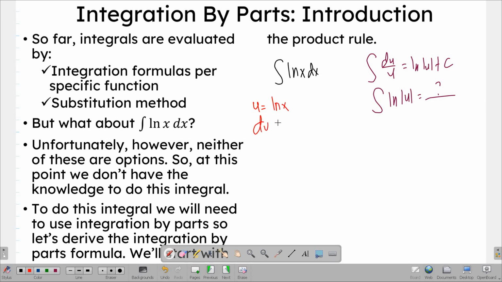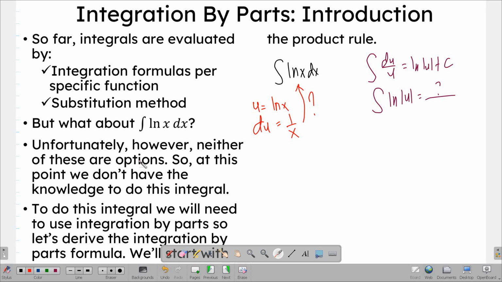And if we do so, we're going to have du equal to 1 over x dx, which is kind of difficult to place there. So this is the reason why neither of these are options. At this point, we do not have the knowledge to do this integral.